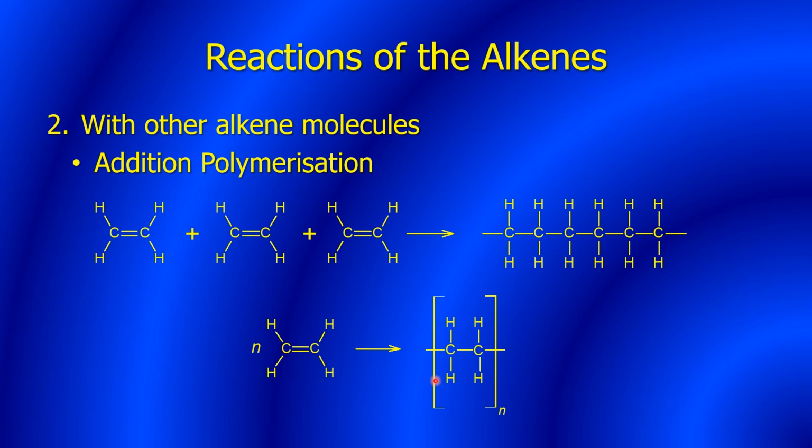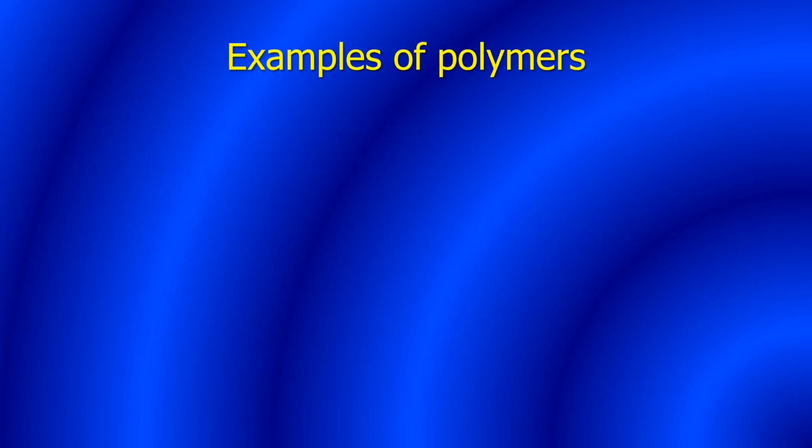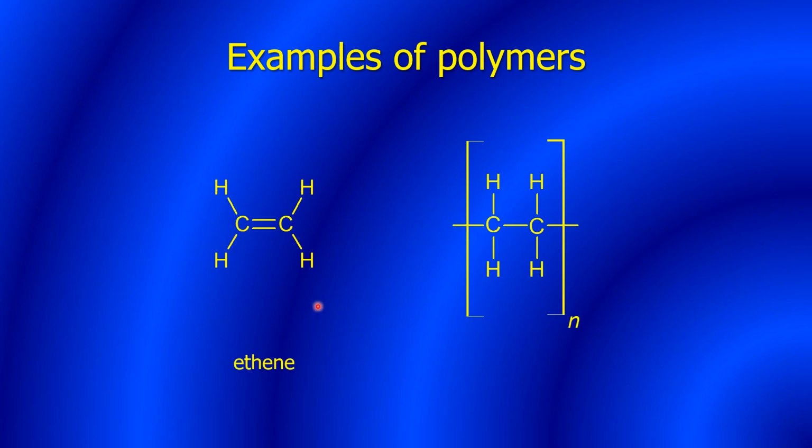Polyethene is commonly known as polythene, which is a very common plastic which is used to produce plastic bags, plastic bottles, and things like that. Here we have our ethene again, called ethene, and that makes the polymer polyethene, like that.